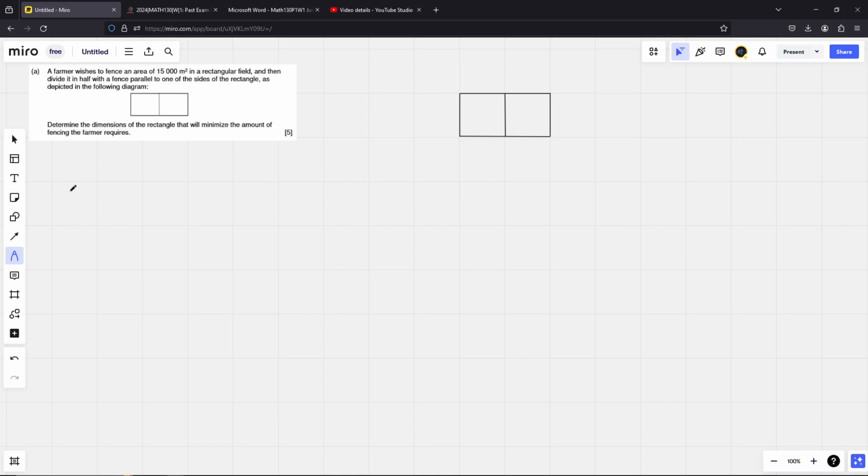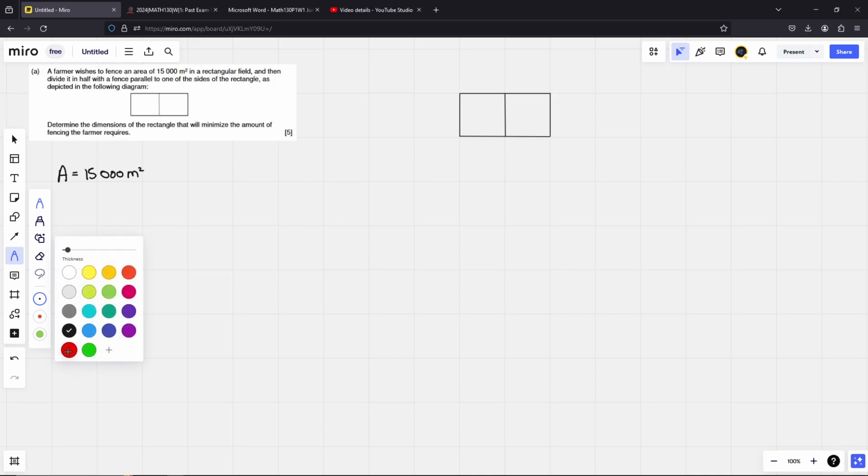So before I move on, I know that I'm going to be working with an area of 15,000 meters squared, and they tell me that this area is with regard to a rectangle.